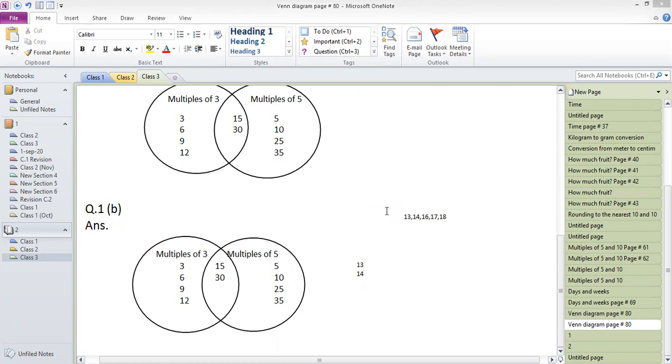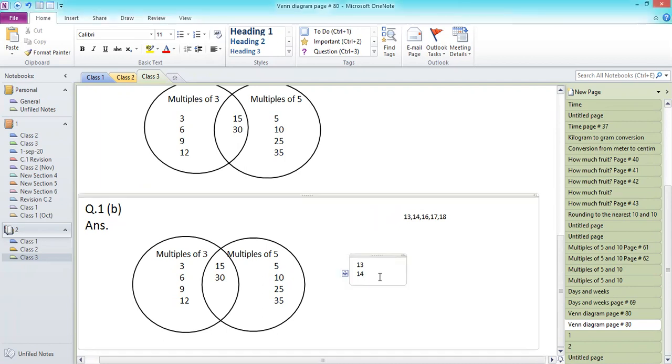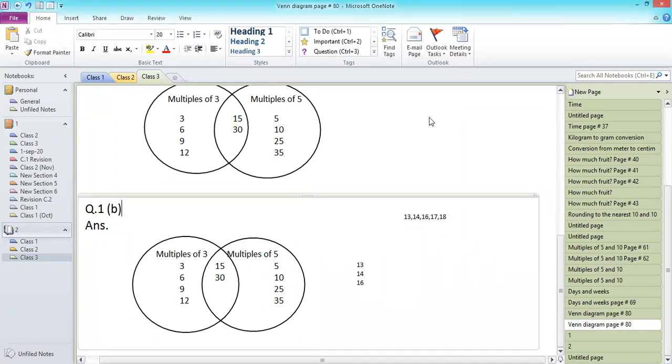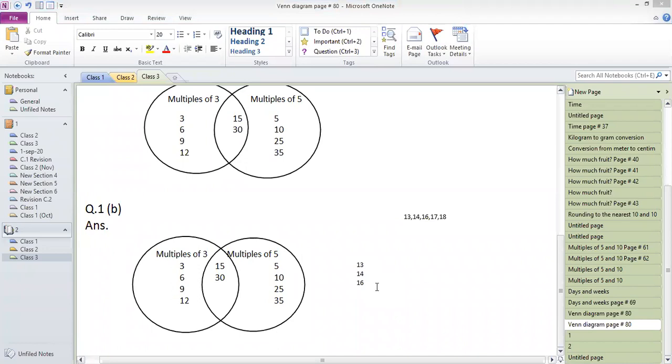Out of the circle. Very good. So we will write 16 also outside. And what about 17? Outside. Very good. So we will write 17 also outside.